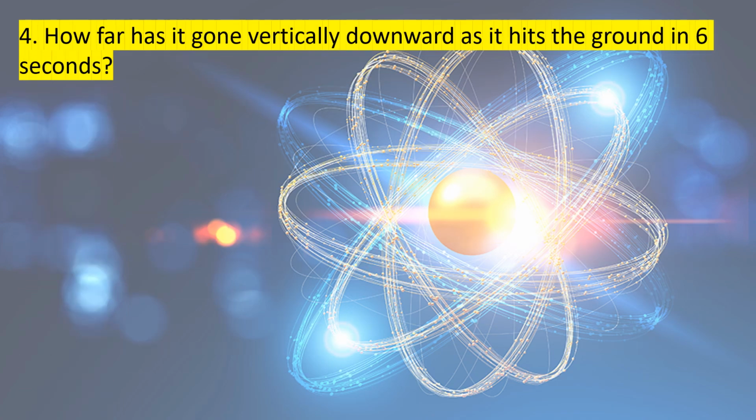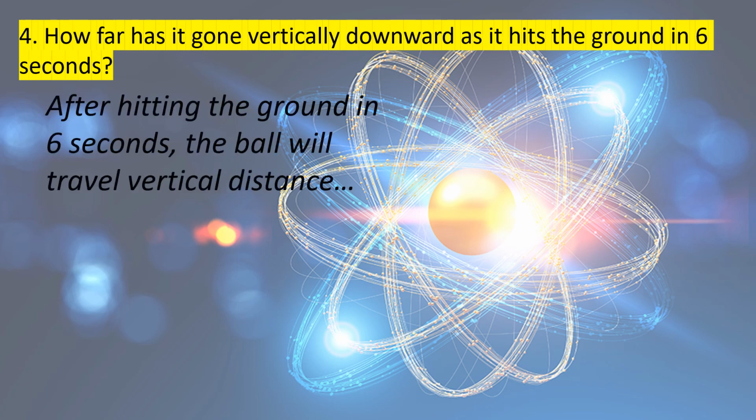Next question. How far has it gone vertically downward as it hits the ground in 6 seconds? In this question, we are going to solve the height of the tower. After hitting the ground in 6 seconds, the ball will travel a vertical distance.